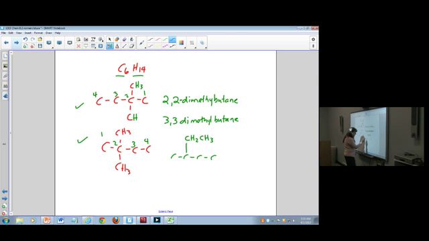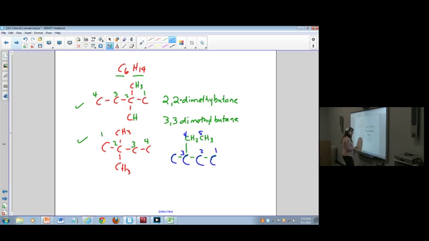Because I have to count my carbons in such a way that I can find the longest continuous chain. And so I might count 1, 2, 3, 4, 5.